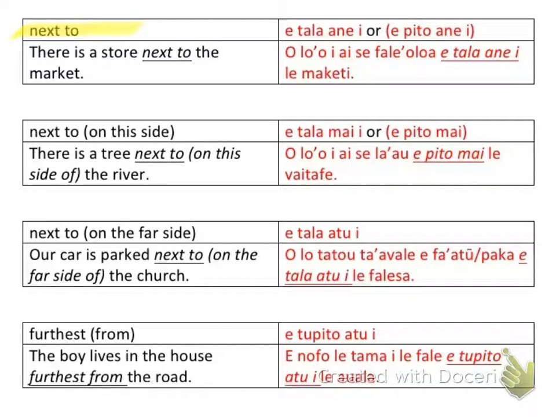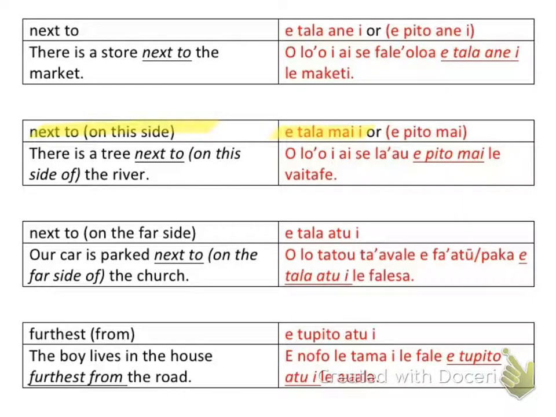So again, you'll hear the e tala ane in this part, or from the last side, you could say e pito ane i. The way that I'm saying that is there is a store next to the market, and the way I would say that in Samoan is o lo'o i ai se fale oloa e tala ane i le maketi.